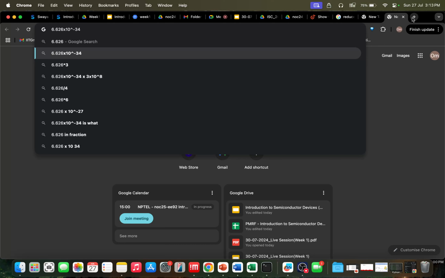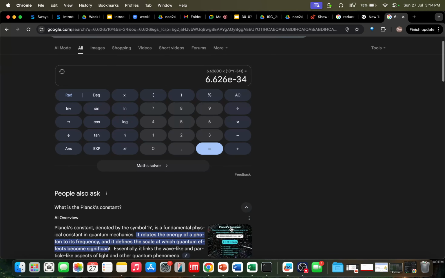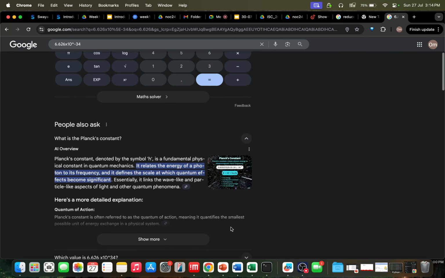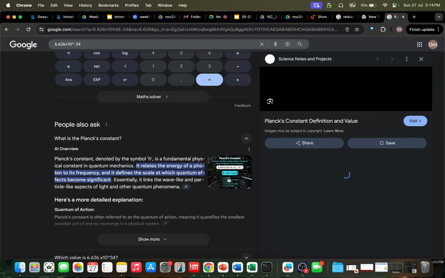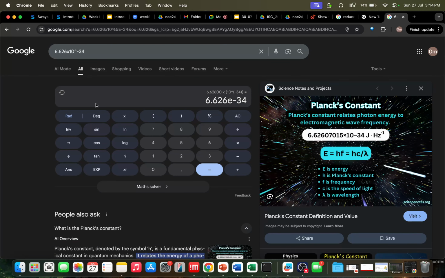You want to know Planck's constant? Planck's constant h is 6.626 into 10 to the power minus 34 joule-seconds. Okay.